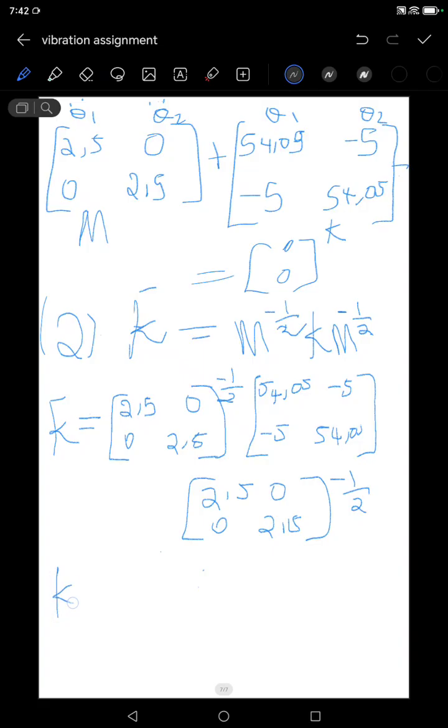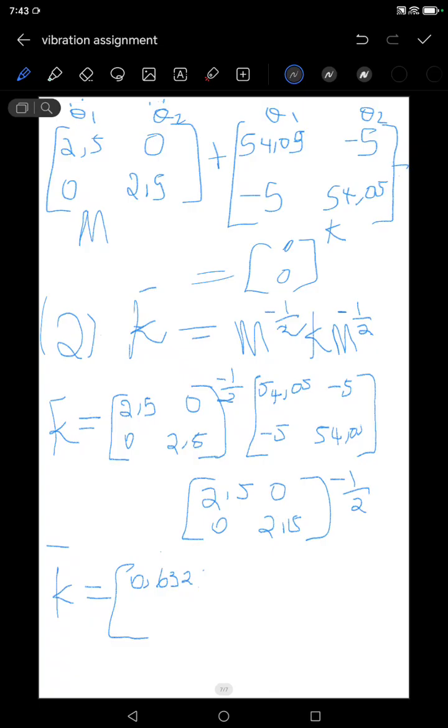So it's going to be K bar into 2.5 to the power of negative half, which is 0.632. Okay, and then 0 is going to be 0, because it's unknown.